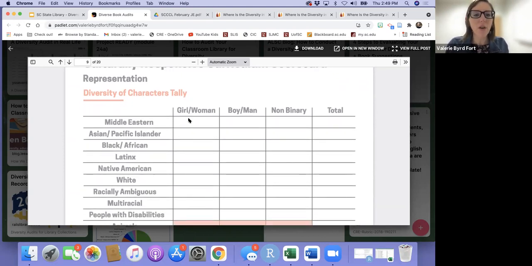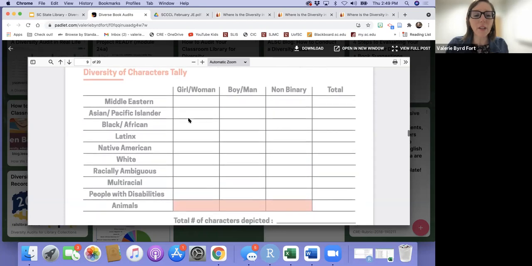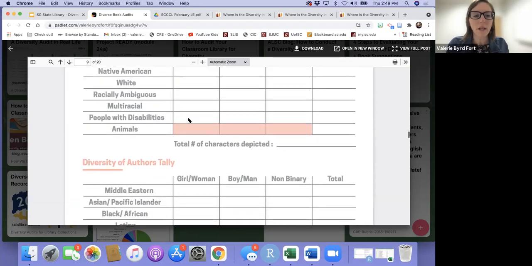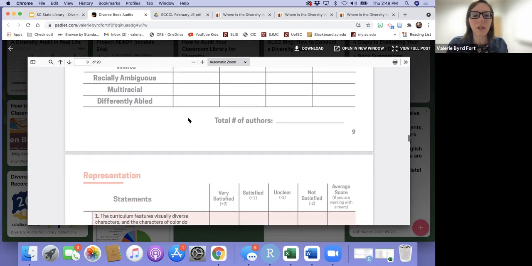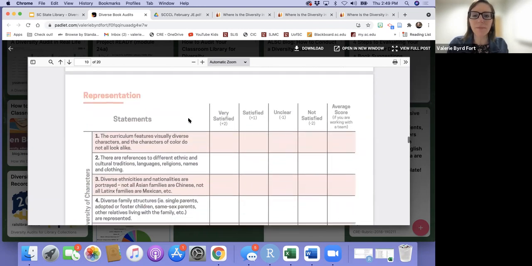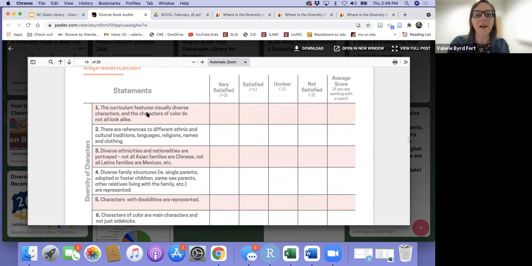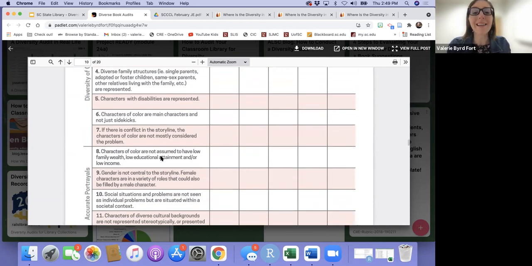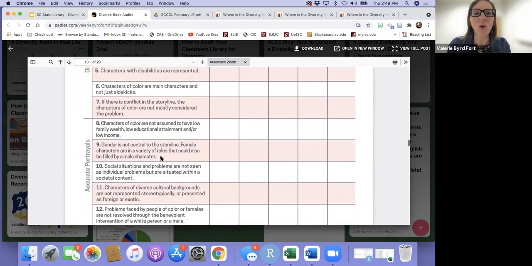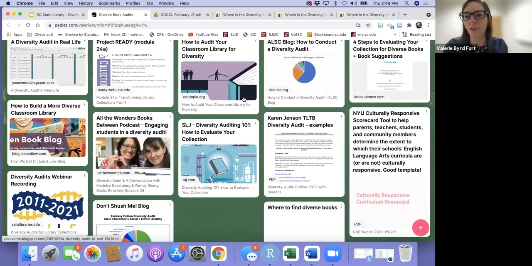So: diversity of characters, authors, representation. Again, this is curriculum, but I think it could hold for collections as well. You can take parts of this for your own, for what you want to look for. So that was one that I have here.